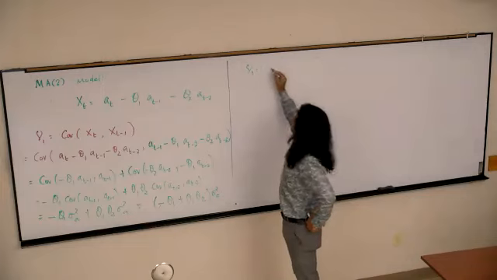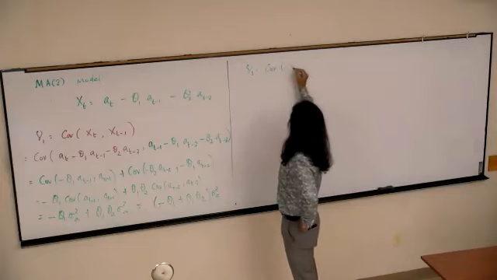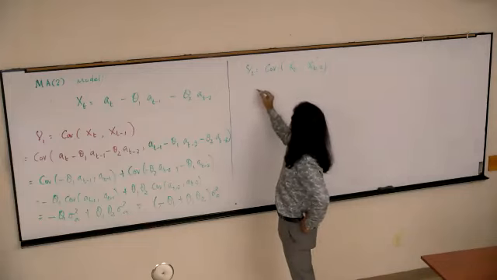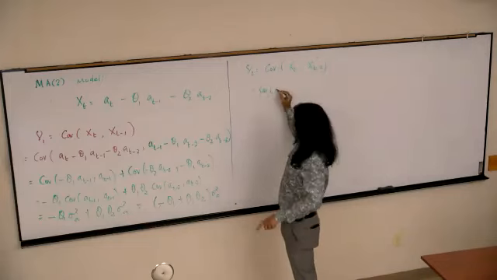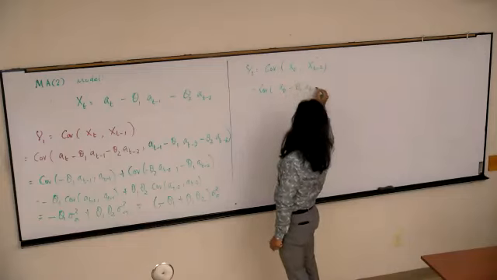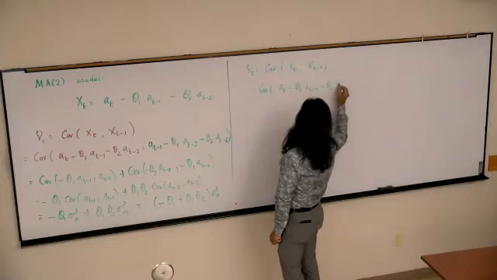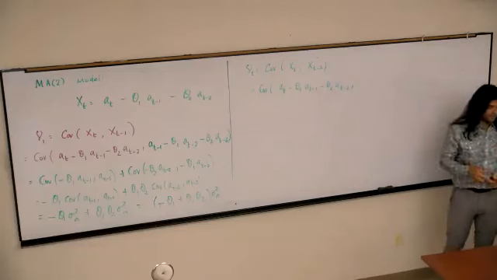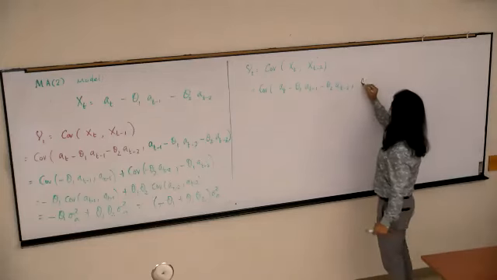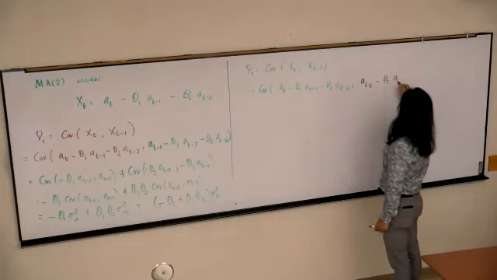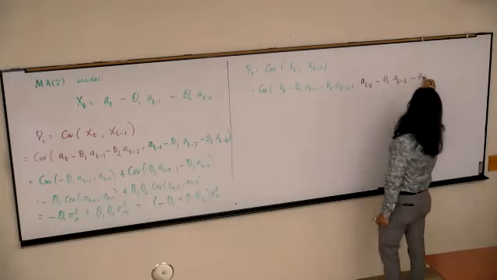Off to gamma 2, covariance xt, comma xt minus 2. Xt is simply a_t minus theta 1 a_t minus 1 minus theta 2 a_t minus 2, comma, shift by 2 backwards, a_t minus 2 minus theta 1 a_t minus 3 minus theta 2 a_t minus 4.